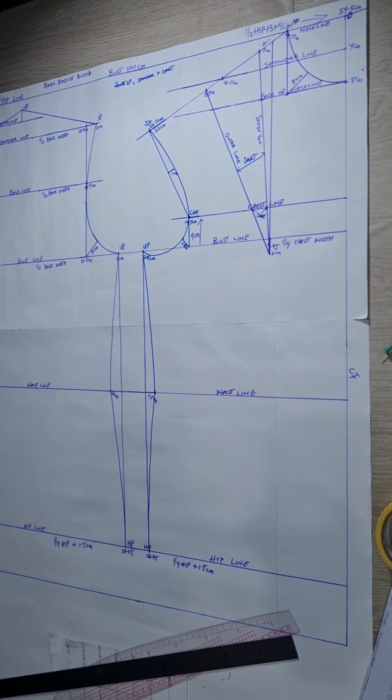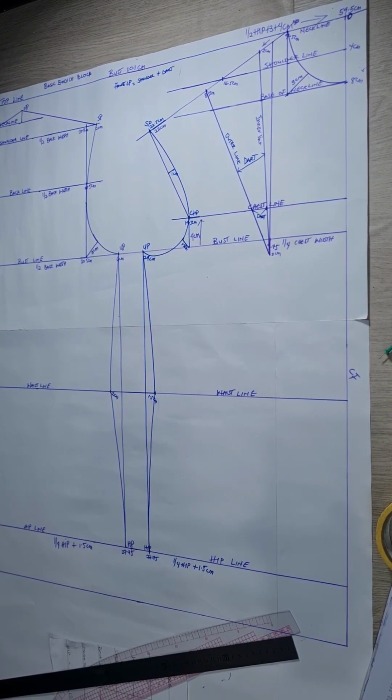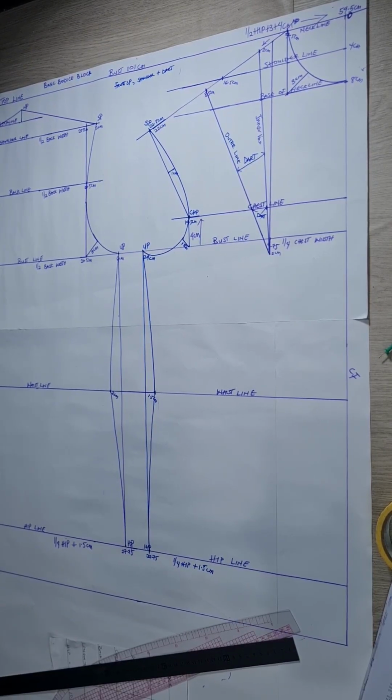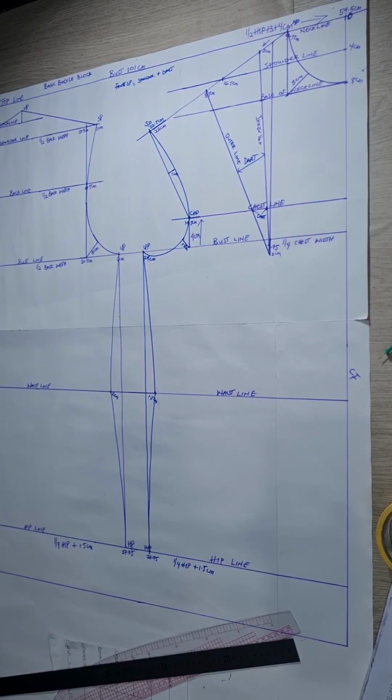Draw the lower waistline, which follows more closely the waistline of the figure. Dipping a little towards the front, mark 0.5 centimeter below waist point on the side seam, both on the back and on the front. Now, this is my waist point.